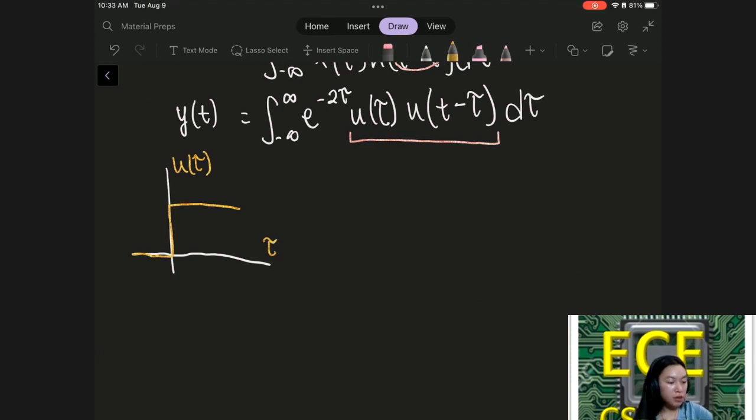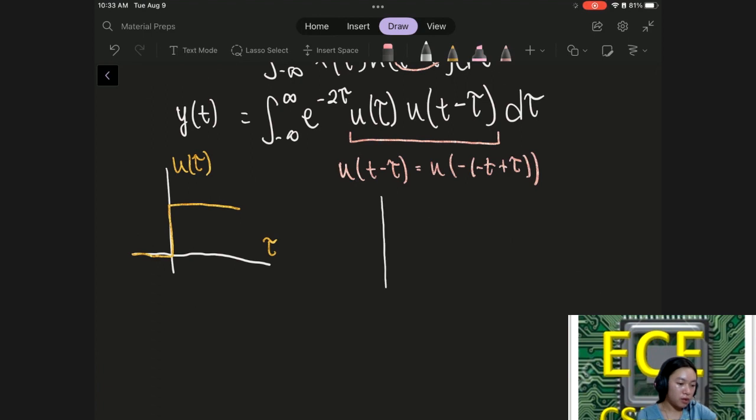Okay. The second part, I'm going to rewrite this u of t minus tau as u of minus tau plus t. And so, based on the video on signal transformations with the negatives and stuff, this signal now looks like this.